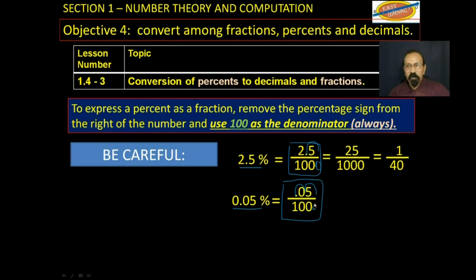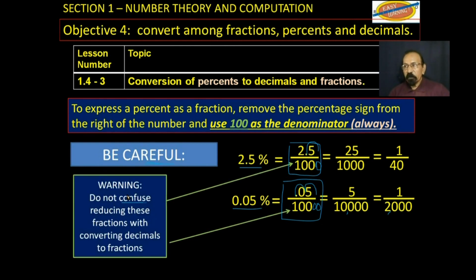So we have to add 2 zeros here, which gives us 5 out of 10,000. That's our fraction, and we can reduce it and make it 1 out of 2,000. Now, your caution here is do not confuse reducing these fractions, they are already fractions, with converting decimals to fractions.